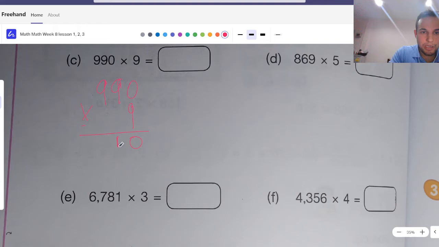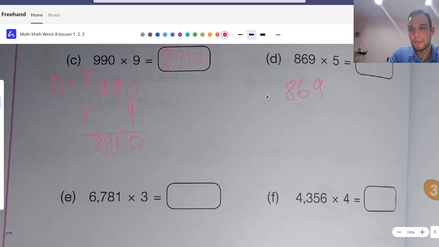So let's put a 1 here, carry the 8, and then we have 9 times 9 is 81, plus 8. So 81 plus 8 is 89. So we have 8,910. Nice.